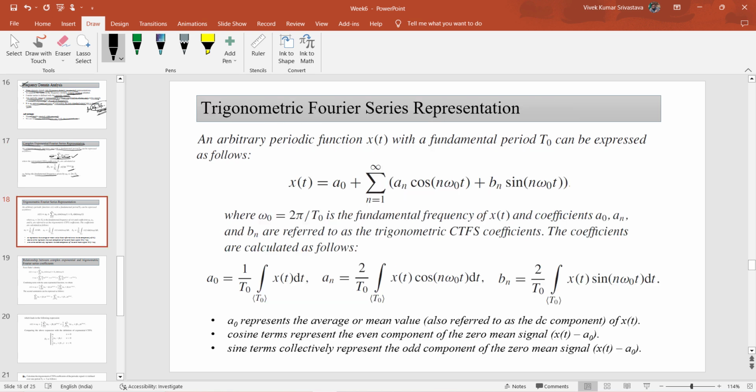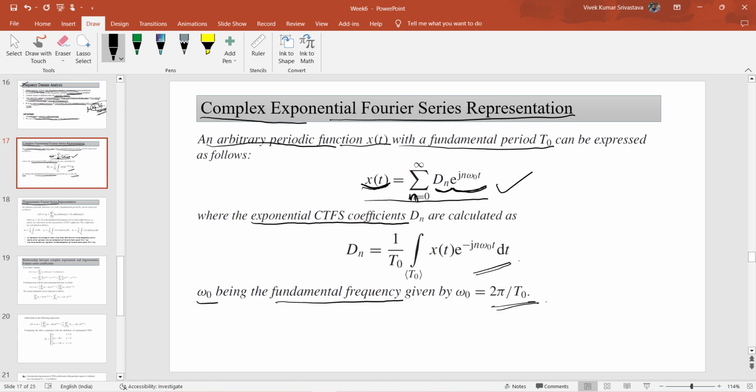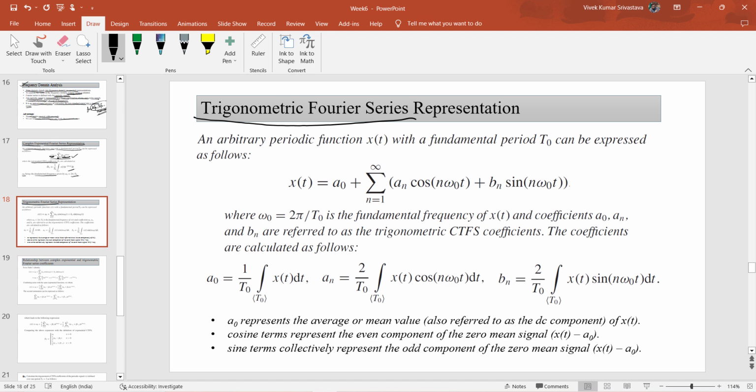Similarly, the next method by which we can represent any signal is the trigonometric Fourier series representation. Like in the previous case we represented the signal as a linear combination of complex exponentials, here we represent the signal as a combination of sine and cosine, because sine and cosine are the easiest functions for analysis.